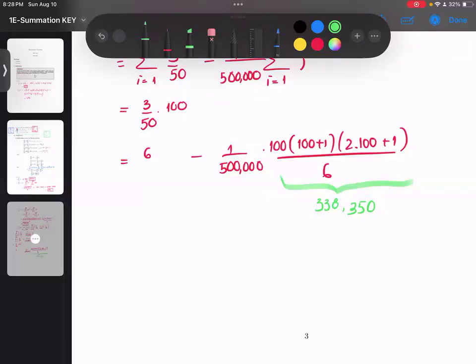Well, it's just a simple operation here. I'm going to give you an approximation. The final answer is 5.3233, something like that. Not important. Just give me an approximation.